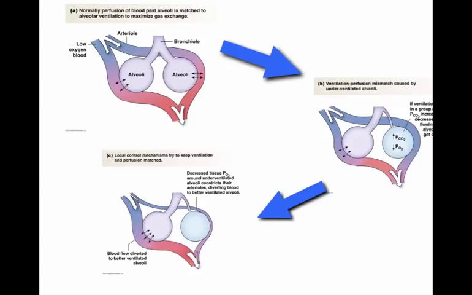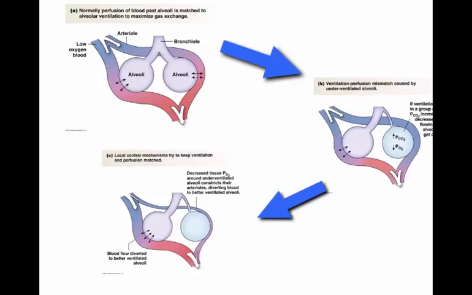The next thing that will happen in response to that is this pulmonary arteriole right here will constrict in response to the decreased partial pressure of oxygen in that alveolar space. That means that blood is diverted away from this poorly ventilated alveolus and sent to the well-ventilated alveolus, where there's lots of oxygen to pick up.